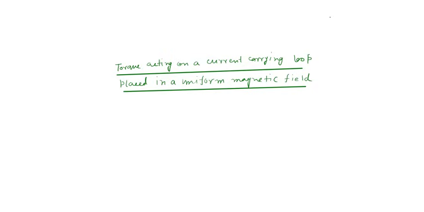So let's say we have a rectangular loop like this, which is placed in a uniform magnetic field.